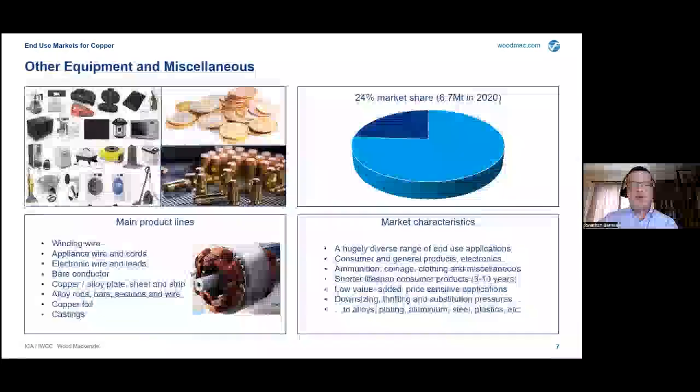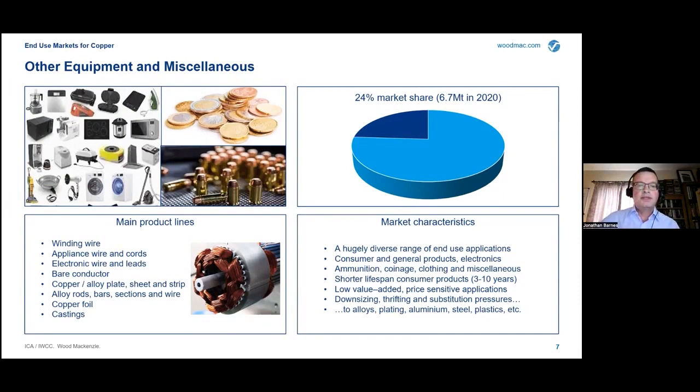Then really the final segment that we'll look at here is really trying to catch up with everything else. And there is a lot of everything else, no matter how you try to segment the market. You're looking at a lot of these other equipment, and indeed what we're really calling miscellaneous applications. It's things like coinage, ammunition, a lot of these small appliances, too numerous to mention.